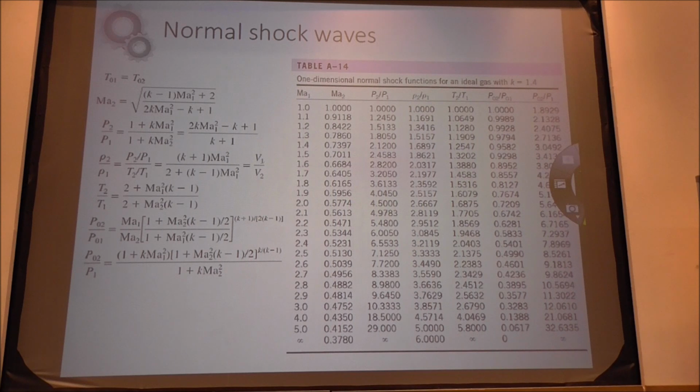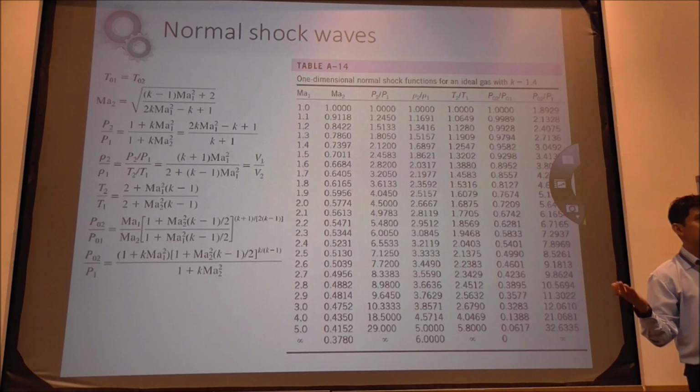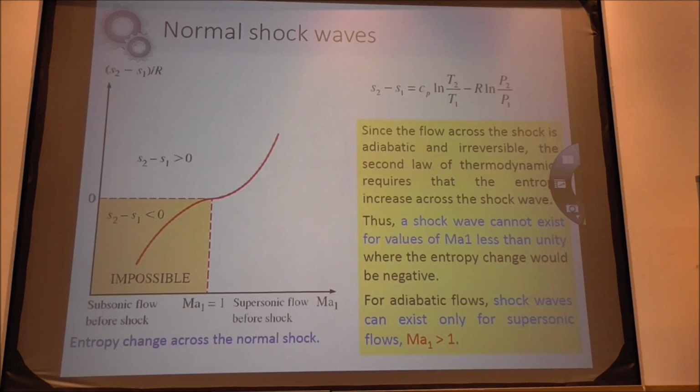When you get the inlet condition, you can calculate the stagnation properties. If you can calculate the stagnation properties, you can calculate the properties just before the shock wave. Okay. If you know the condition just before the shock wave, you can calculate the condition after the shock wave. Clear? Okay. If you know the condition after the shock wave, pressure and temperature, of course you can calculate the enthalpy changes. Right? So you can calculate the enthalpy.